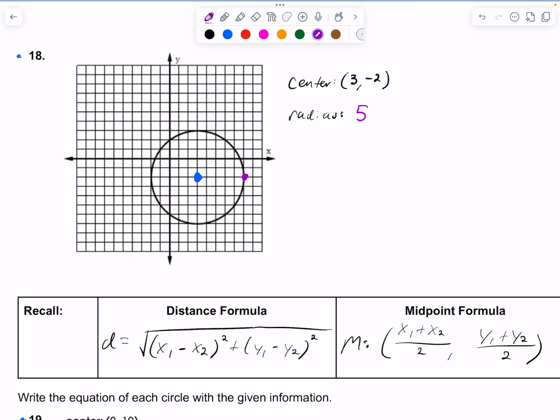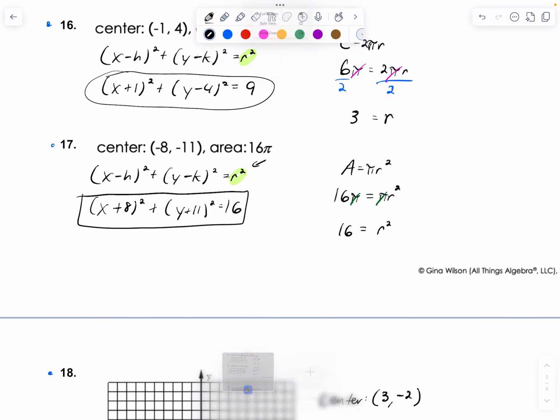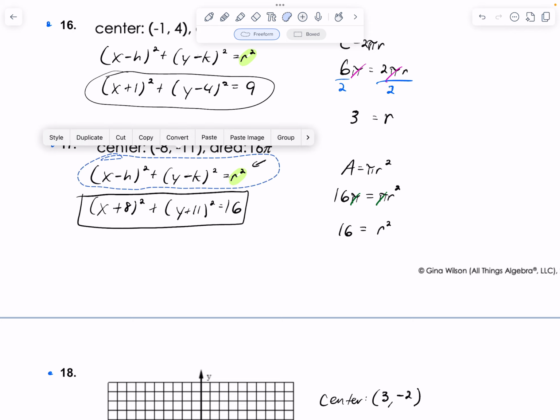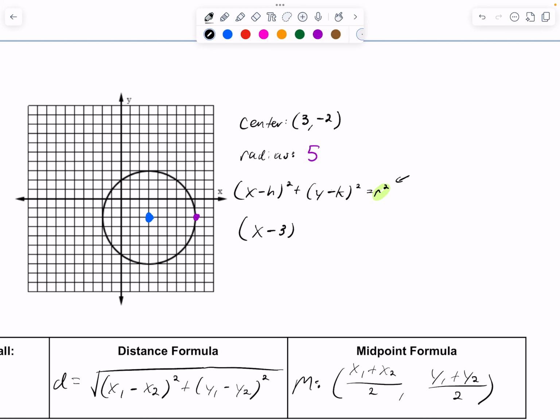So the radius is 5 units. So writing down my equation to plug in what I know. So there's my equation. I'm going to plug in my center is going to be x minus 3 squared plus y plus 2 squared equals 25. The radius squared would be 25.